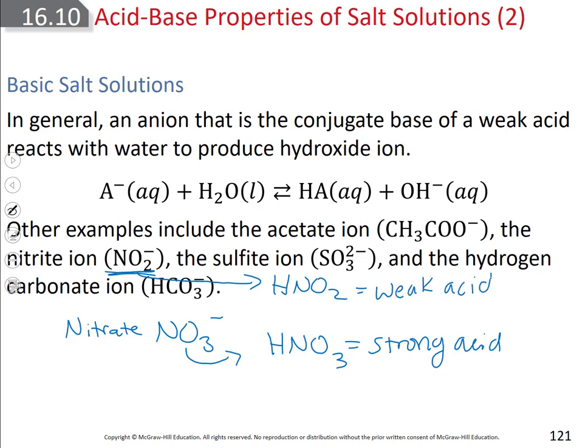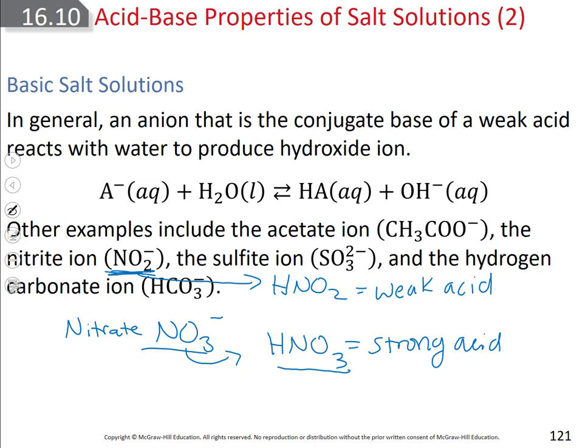Because HNO2 is a weak acid, NO2 minus is a strong conjugate base. HNO3 is a strong acid, therefore NO3 minus is a what conjugate base? Weak conjugate base. So that's why it does not affect the pH. So if it contains a strong conjugate base, it's going to be a basic salt solution.